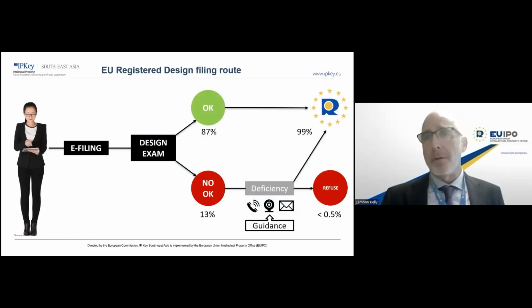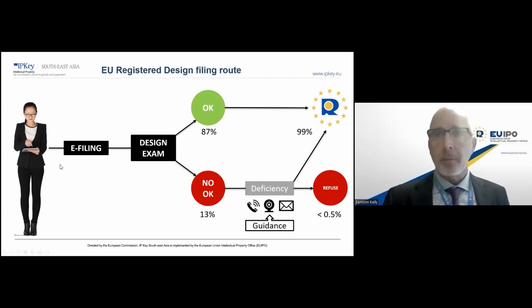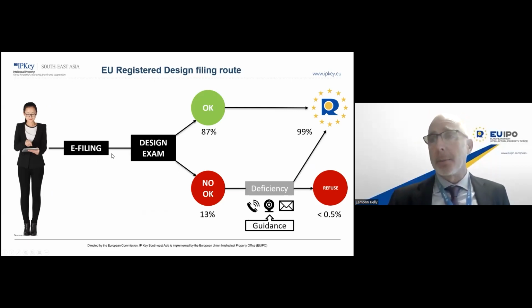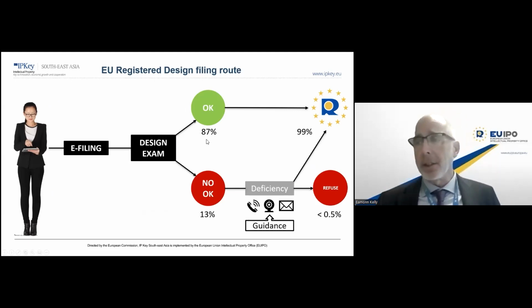So how do people file in general? And what is the overall process? Initially, our applicants file via e-filing. 99% of everything we receive comes via e-filing. Then the examination is performed by the examiners. Normally in the region of 87% of these are registered directly, while 13% can raise what we call deficiencies or objections.